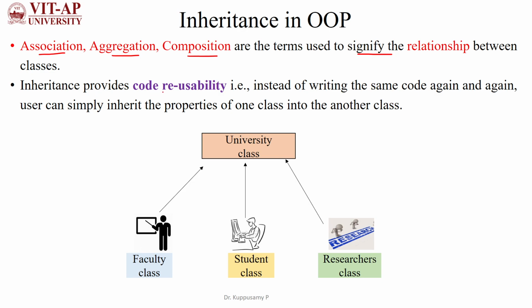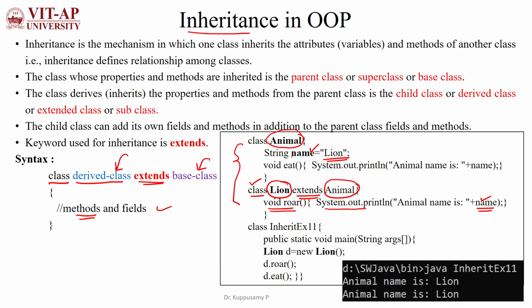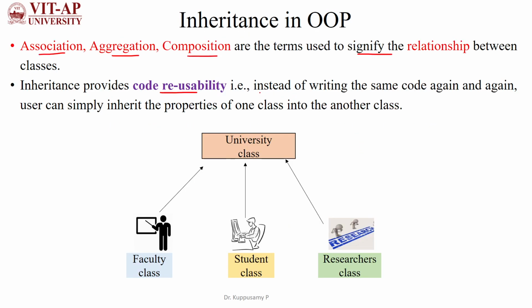Inheritance provides code reusability. That means we are declaring the variable only once. This can be used by all other child classes of this animal, so no need to declare again and again. We are reusing this variable wherever we require.